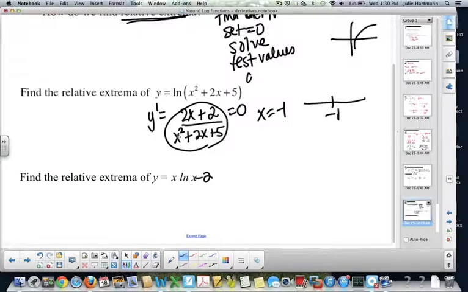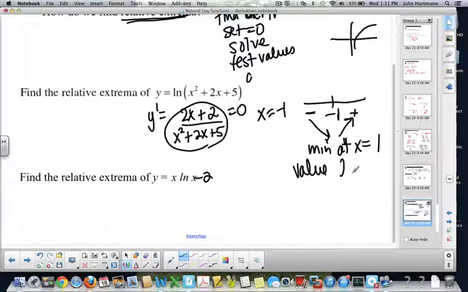That's 4 minus 4, 5. Positive on the bottom, negative on the top. So that is negative. And then if I put in 0, positive and positive. So that is positive. So I am decreasing, then increasing. I have a min at x equals negative 1. Okay. So put that in. 1 minus 2 is negative 1 plus 5. So the min value is ln of 4.